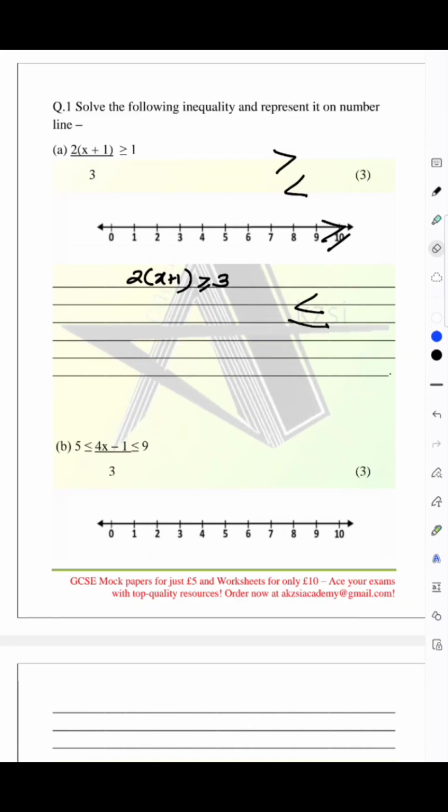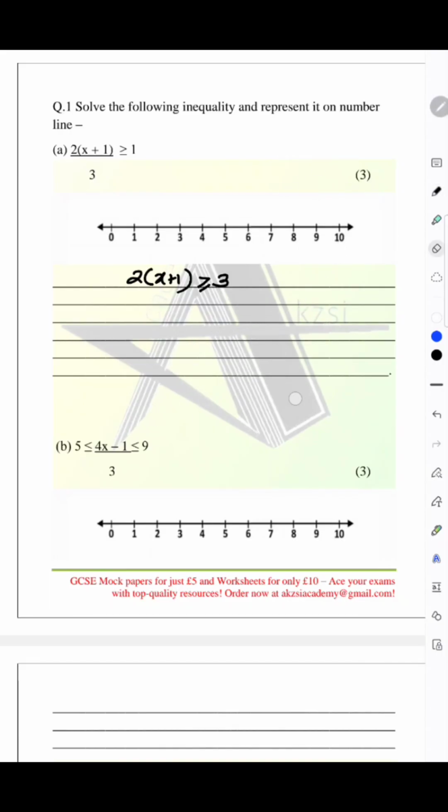X greater than equals to means we are including that particular value as well. X greater than 1 means x can take any value greater than 1 but not including 1. It can be 1.0001 as well, but not 1. But x greater than equals to 1 means we are including 1 as well.